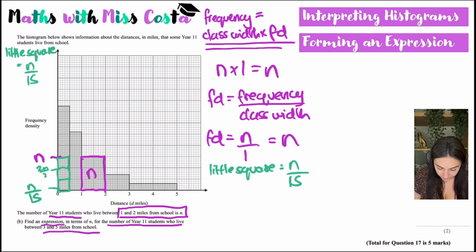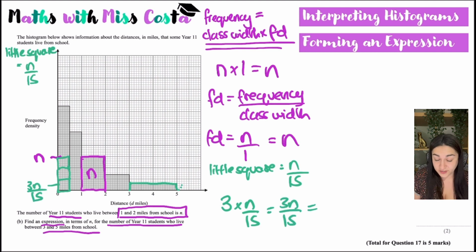So I know that each little square, I'll just write it over here as well, must be n over 15. And I am trying to work out an expression for this part here. So the frequency density is 3 squares up. So the frequency density of this bar must be 3 lots of n over 15, which would be 3n over 15. I could simplify that just to make my life easier.